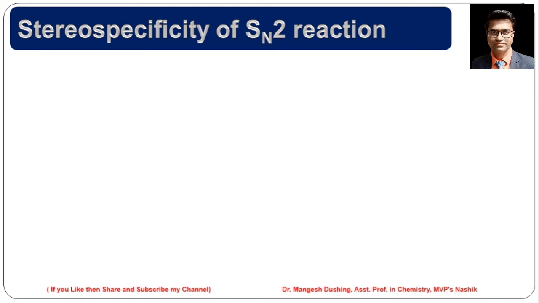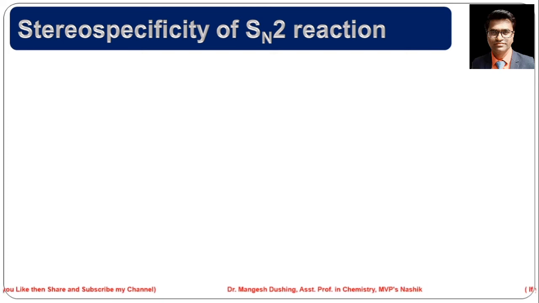Friends, suppose stereochemistry is involved in the reactions. There are two types of reactions. One is stereoselective reaction and the second is stereospecific reaction. In stereoselective reactions, the reaction ends with two products. One will be major, one will be minor, depending upon the conditions of the reaction. But in a stereospecific reaction, a particular stereochemistry of the molecule gives a particular stereochemistry of the product.